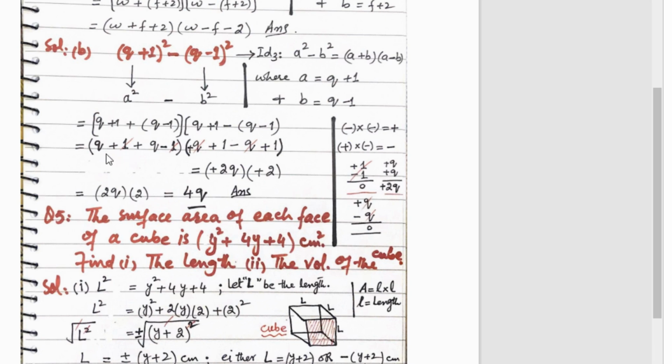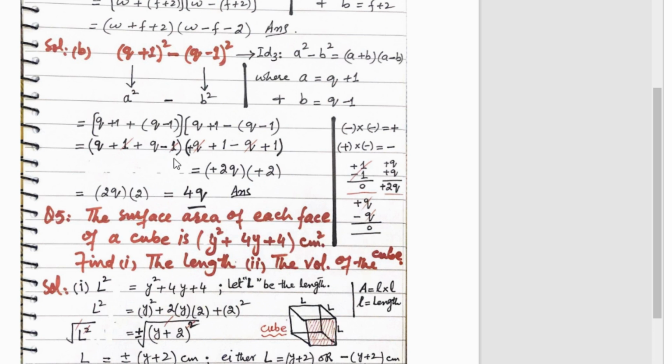Now come to the last step. Plus 1 minus 1. I have cut it down with a red pen over here. You can see it. Q plus 1 plus q minus 1. Plus 1 and minus 1, the 1s are the same terms with different signs, minus and plus.